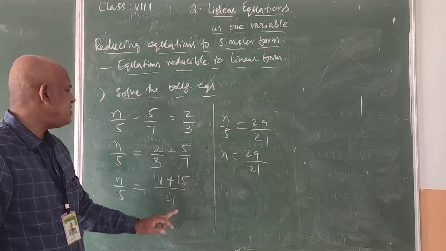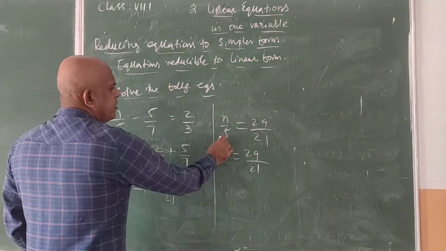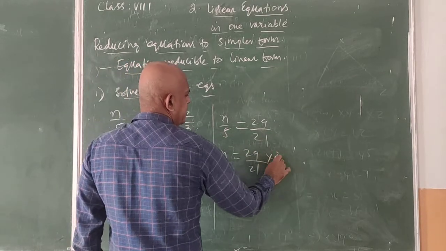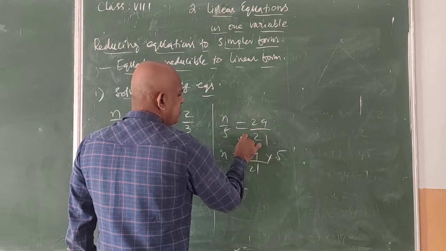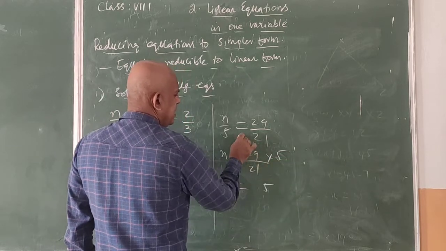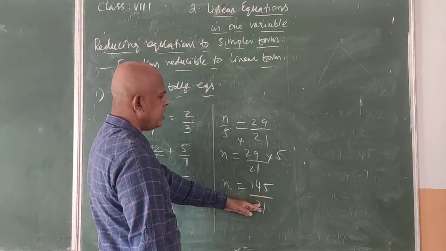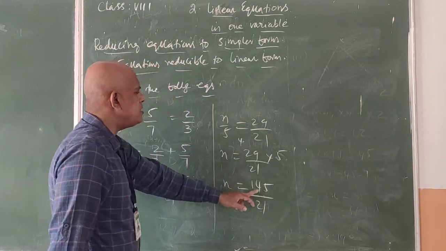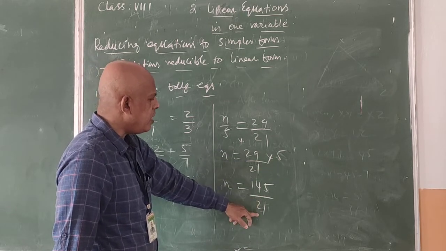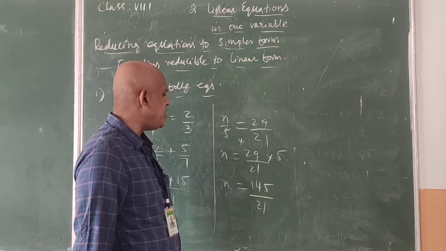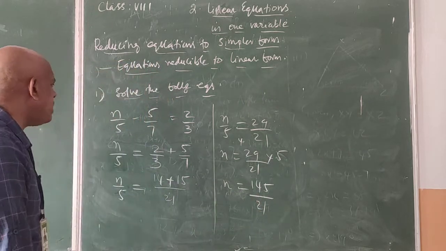We can't simplify further, or if you want, you can convert into decimal. Therefore, the n value is equal to 145 by 21.